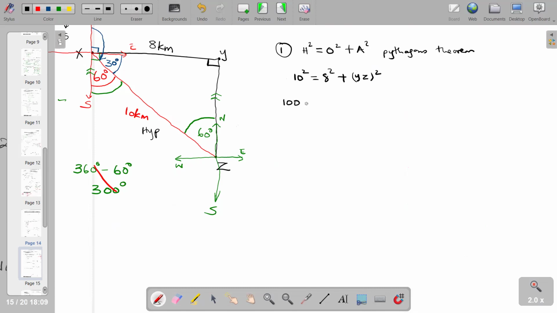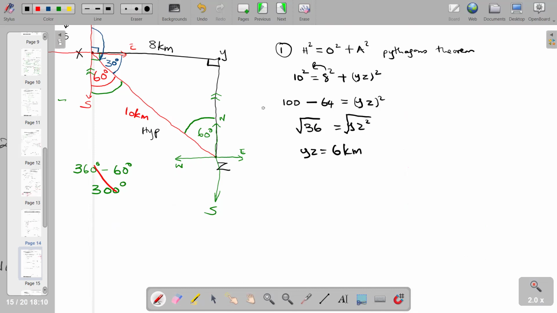This was going to be 100 minus 8 squared, which is 64, must be equal to YZ squared. That is where we transposed that one. So we are left with 36 equal to YZ squared. It's a distance, so we just find the square root both sides. So the YZ there is equal to 6 kilometers. That was one way of dealing with it.